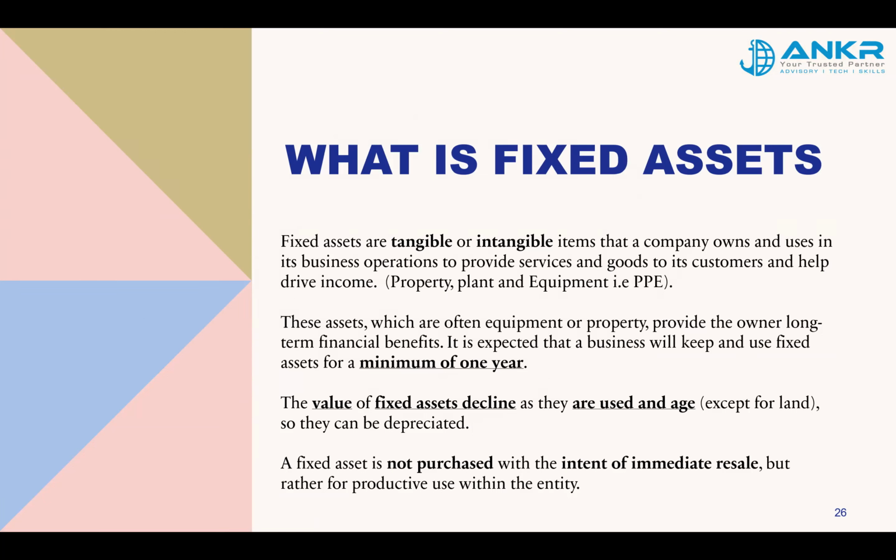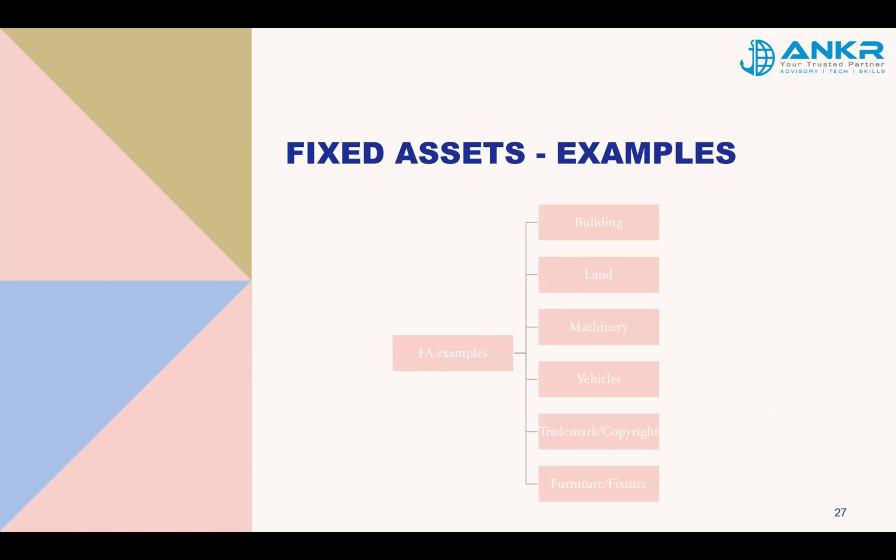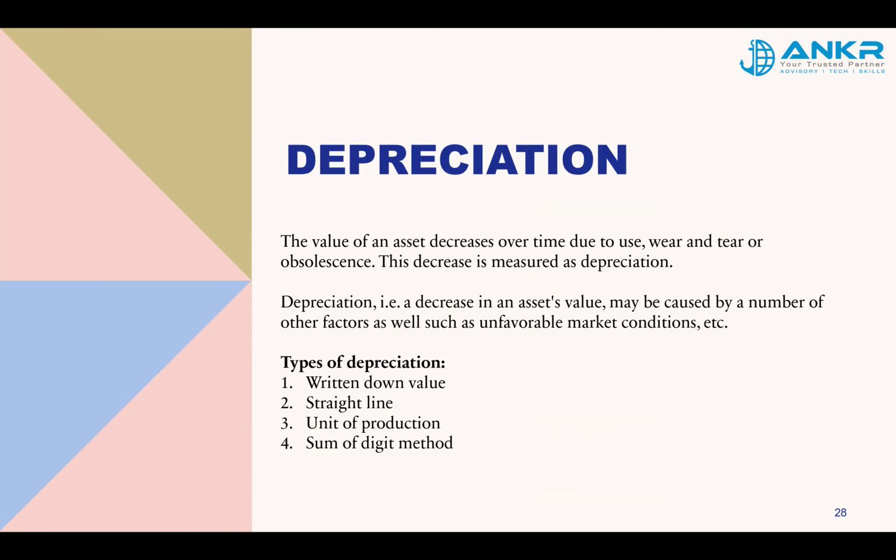These are assets bought with a view to using them in the business and not for immediate sale, and the minimum usage period of these assets is more than 1 year. Examples are building, land, machinery, vehicle, furniture and fixtures. Trademark and copyright are examples of intangible assets.